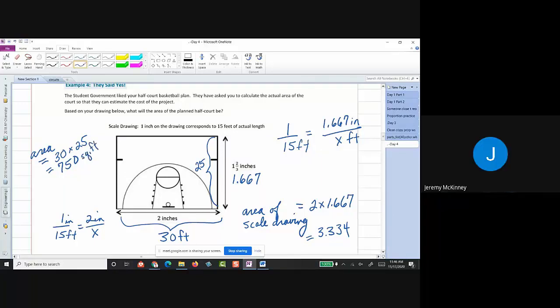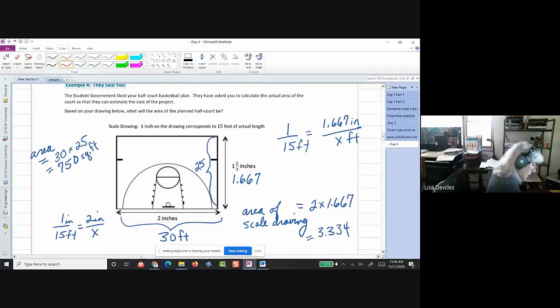But the other way I can do it is where I have my area of the scale drawing, and I can multiply the scale drawing area times the scale factor squared.